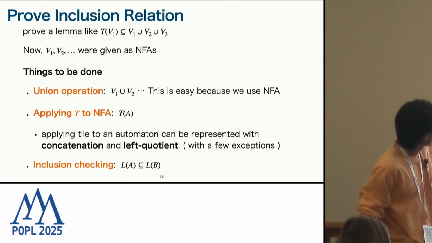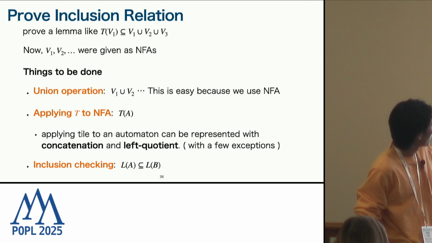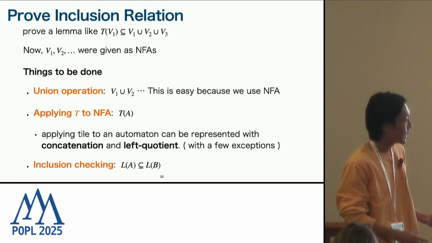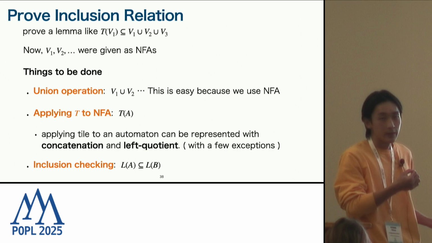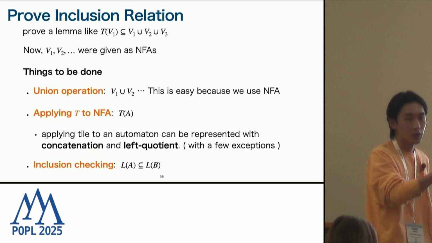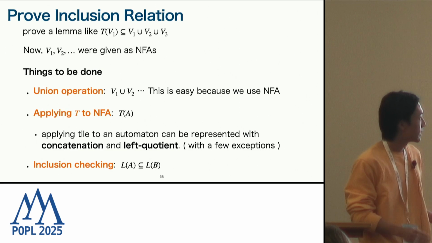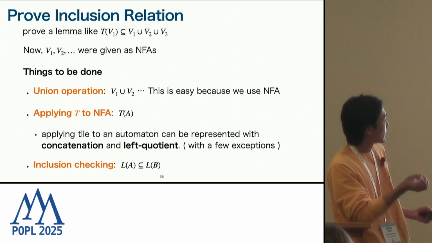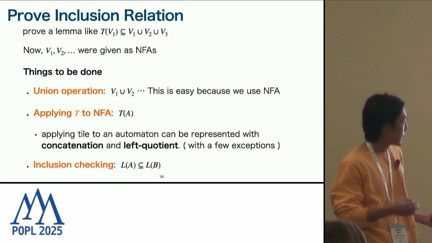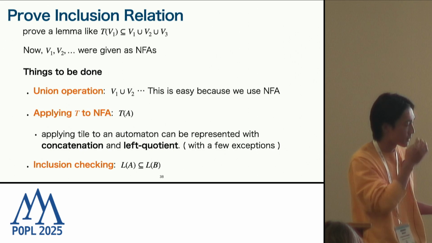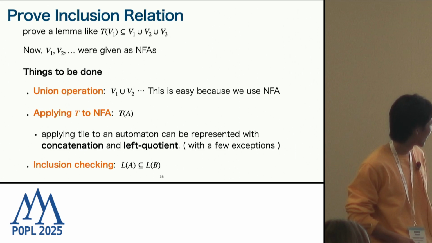And we need to implement the transition function on NFA. As I mentioned earlier, this is realized by the combination of concatenation and left quotient operation, and both can easily be implemented because we decided to use NFA.